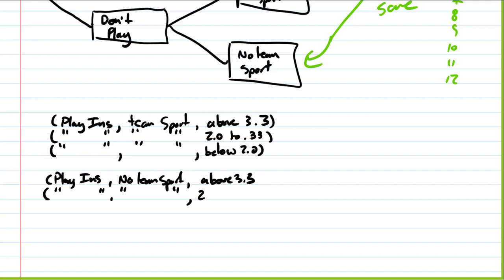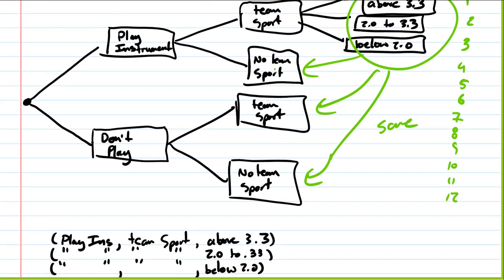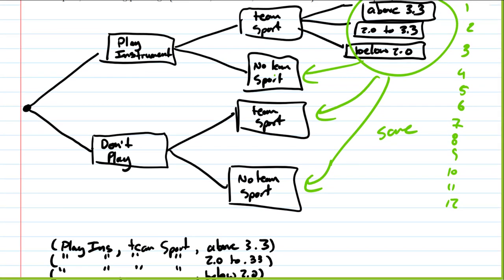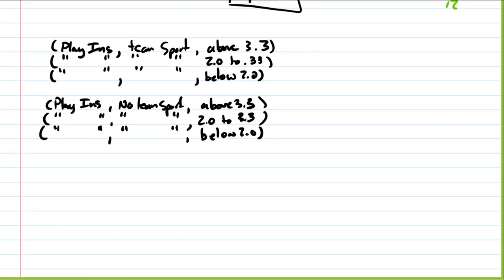And this is going to be 2.0 to 3.3. The next one in that group, first two don't change again, and then below 2.0. All right, so we've exhausted this upper branch where we play an instrument. Now we're going to come down. So our next group is they don't play an instrument.